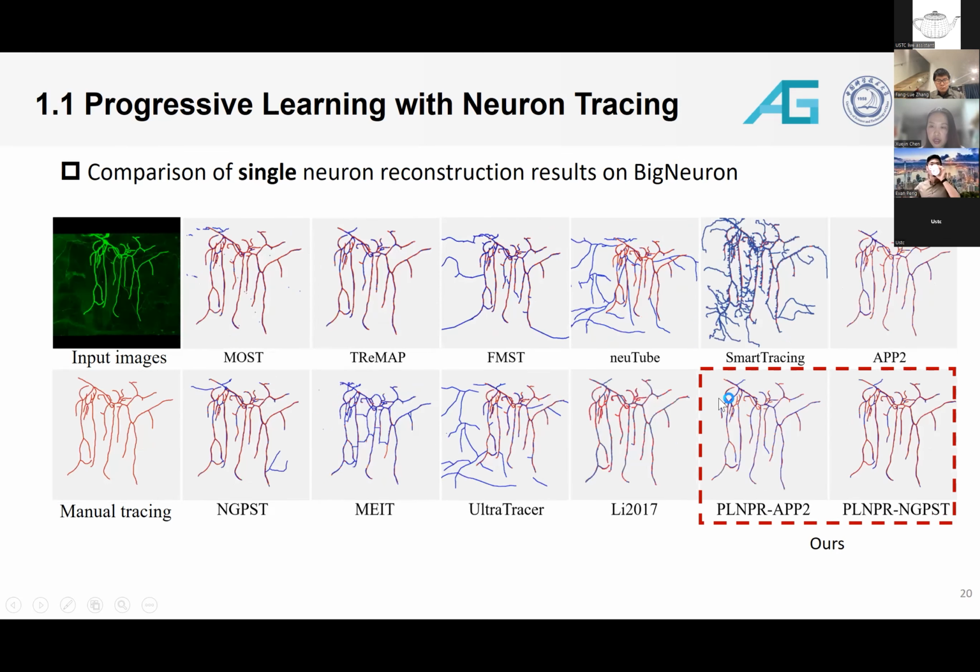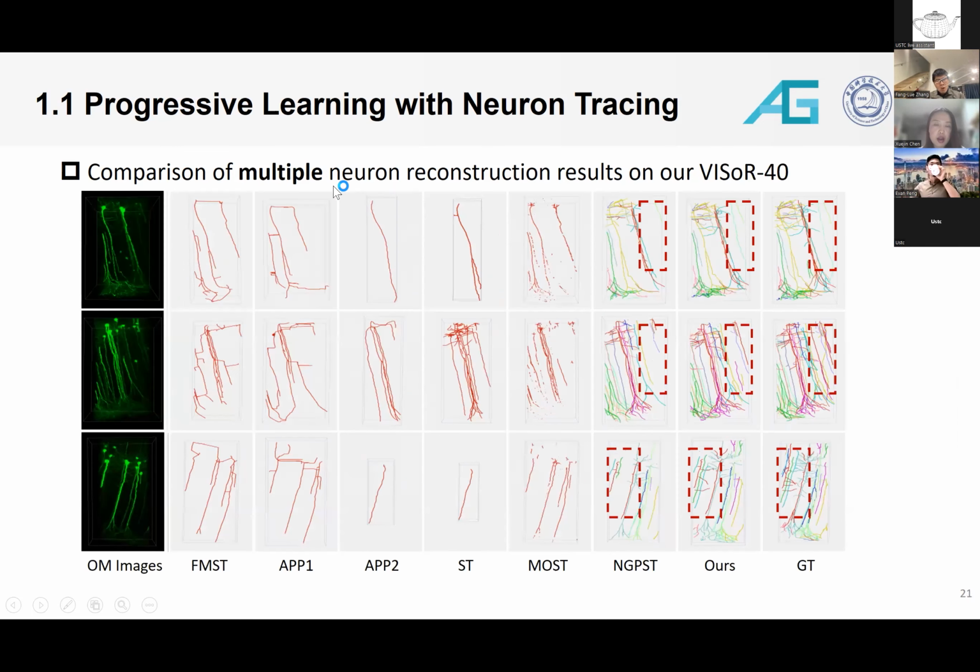Here are other results. Our work can also do 3D tracing for multiple neurons together, where we built our dataset called Visor 40. Compared with the previous traditional tracing method, ours has more complete neural structures.